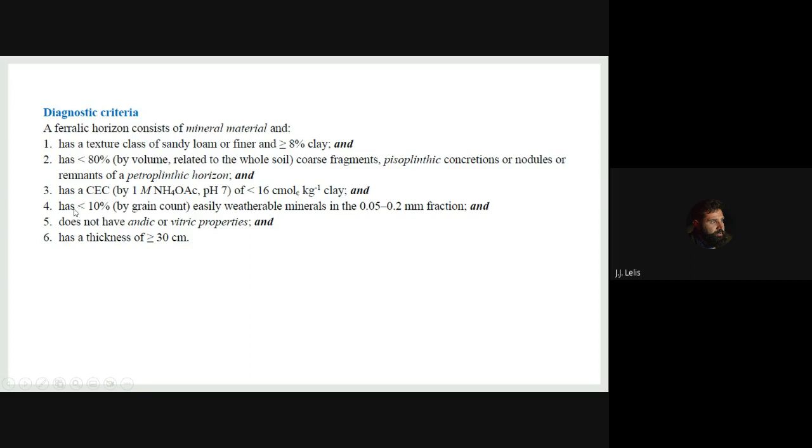So we have a fine texture. We don't have a high volume of coarse materials, coarse fragments. We have a low CEC divided by clay. We don't have a high volume of easily weatherable minerals. We do not have andic or vitric properties.